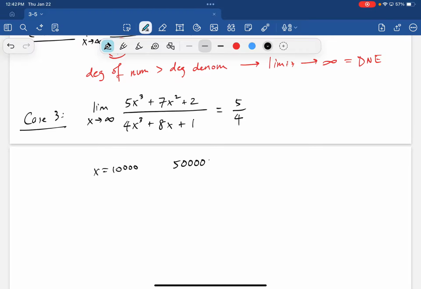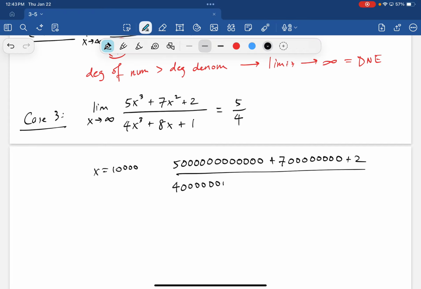Plus 7 hundred million, plus 2. And then the denominator would be 4 trillion, plus, I would not be writing this down if I were you, 80,000 plus 1, right? And if you calculated this, it would be approximately 5/4, right?